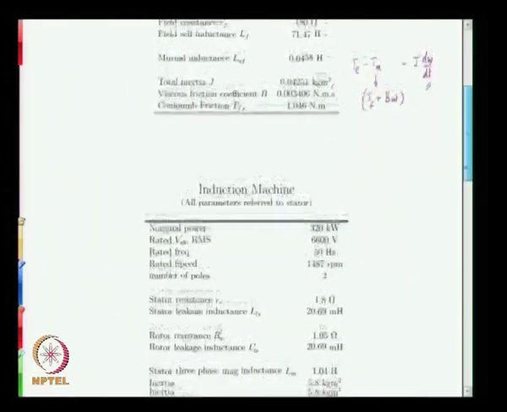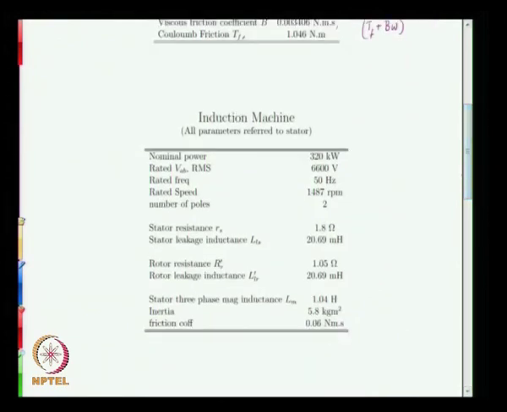And then we have some data for the induction machine. This is a 320 kilowatt induction machine, 6600 volt rated at 50 hertz. The rated speed is 1487 rpm, and this is the number of pole pairs, so it is a 4 pole machine.